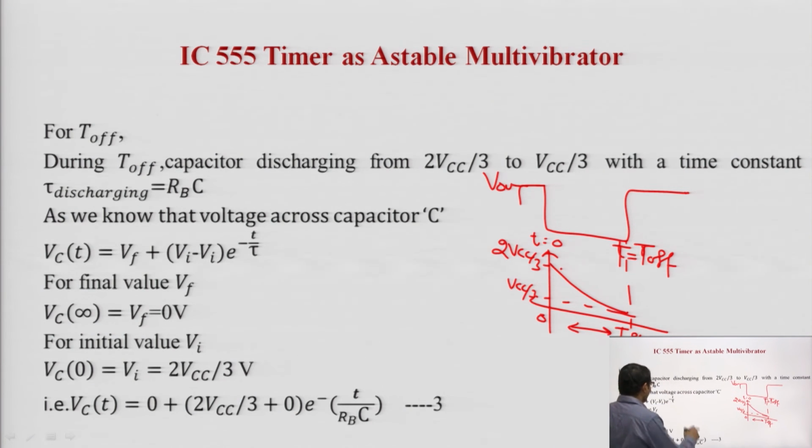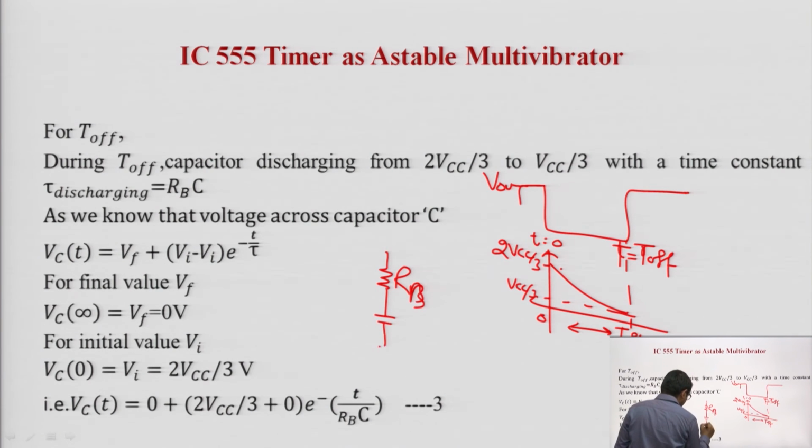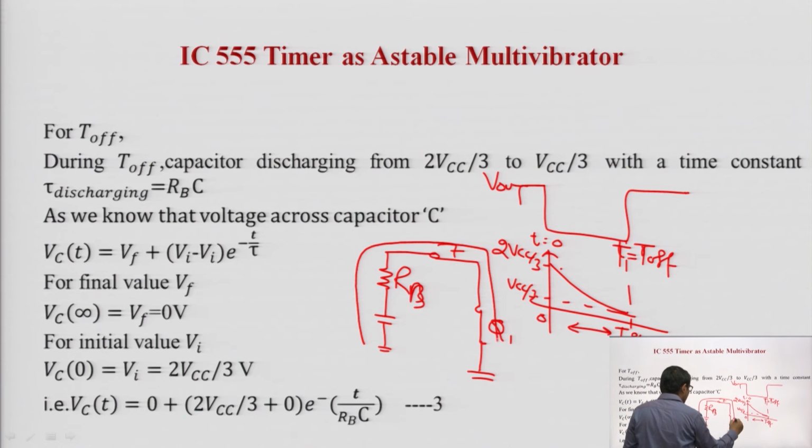So for discharging, this is the Rb and this is the capacitor, this is pin number 7, where the transistor Q1 is on and acts as a short circuit. So, this will be the discharging part.